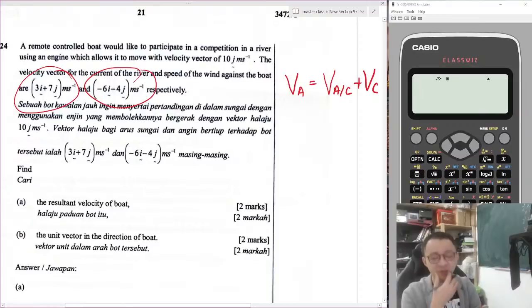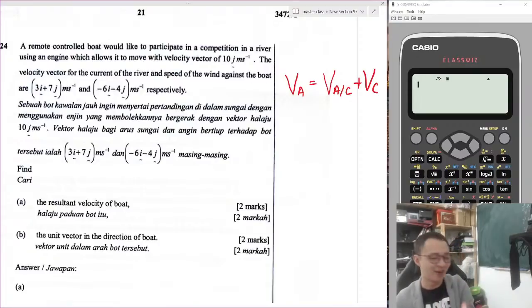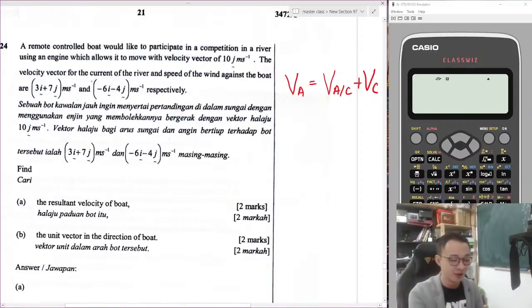So when I did that time, I was thinking, should I use both currents or not? Then I asked myself, if I want to move a boat, the boat is actually affected by both, right? The current of the wind, and also the current of the water, both. So I kind of guessed how to do this question.